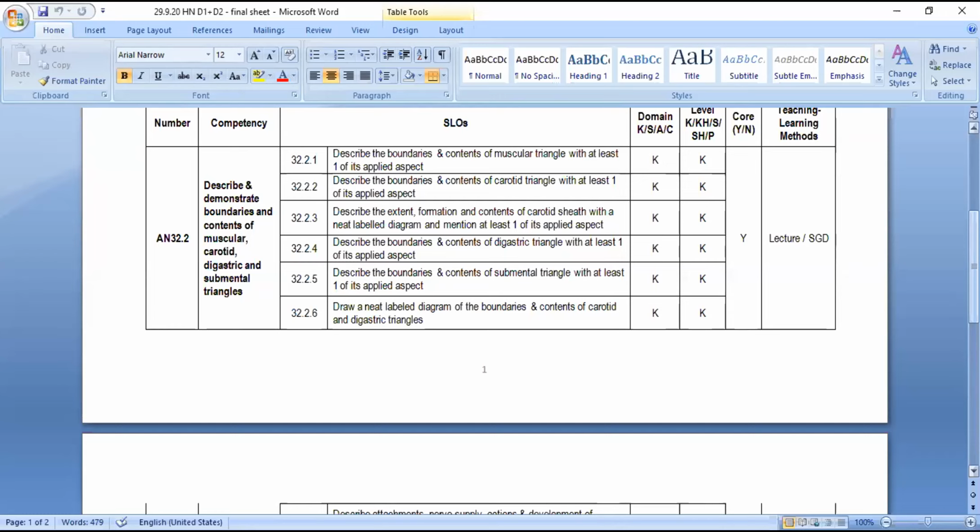Okay. And one more thing, ma'am, regarding ansa cervicalis. They didn't mention about identify and demonstrate ansa cervicalis. Nowhere in digastric triangle or carotid triangle. Carotid triangle not mentioned.